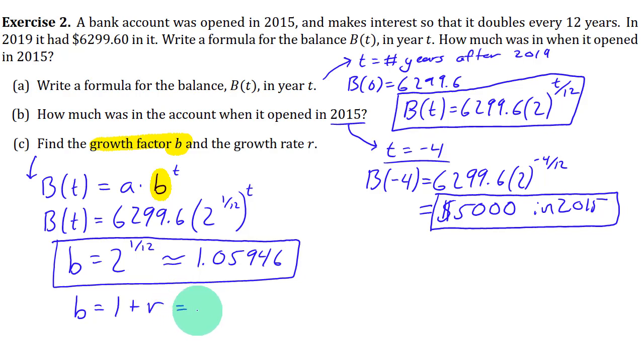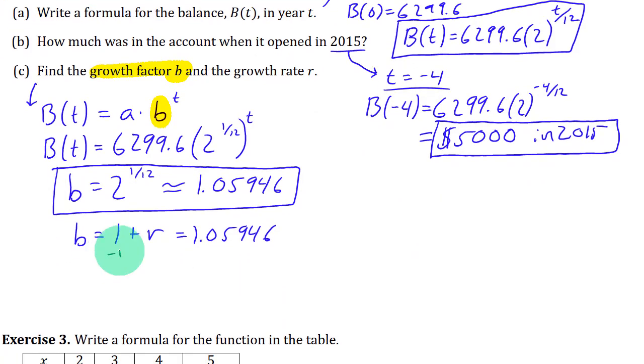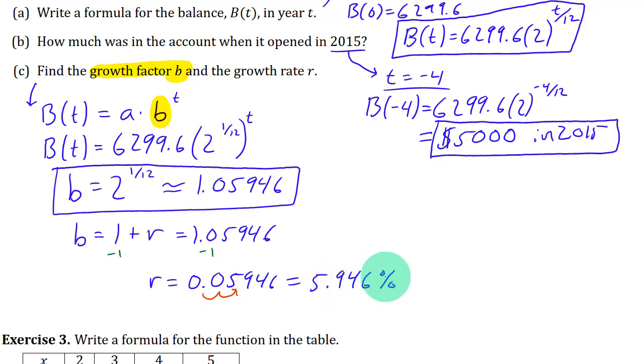So we have 1 plus r is this 1.05946, that's the value of b that we have. If you subtract 1 from that, you'll get r equals 0.05946, which if you write it as a percentage, moving the decimal place over 2 spots, gives you 5.946% as the growth rate.